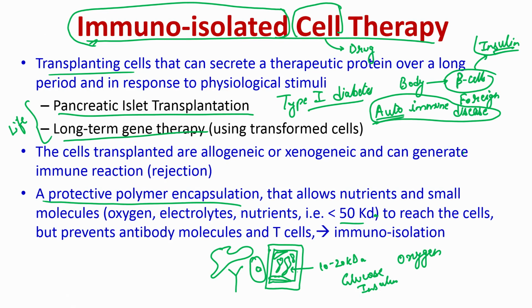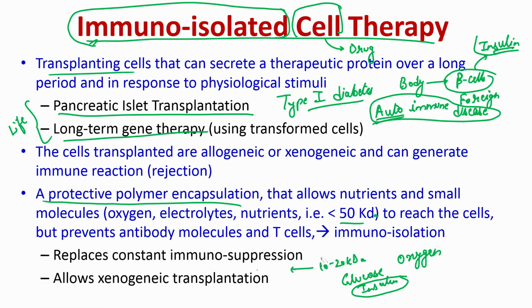The effective proteins like insulin or dystrophin can come out, but your immune system is not able to attack it. So, that is the whole concept of immunoisolation, especially with polymer encapsulation, but there are some challenges to it, and we will discuss this.